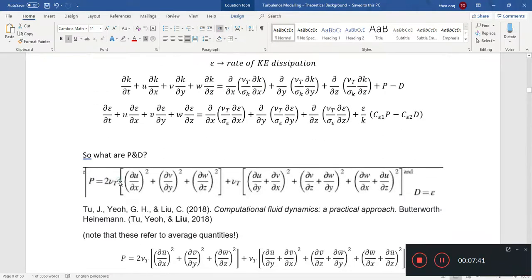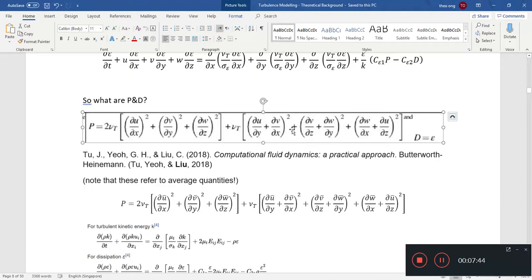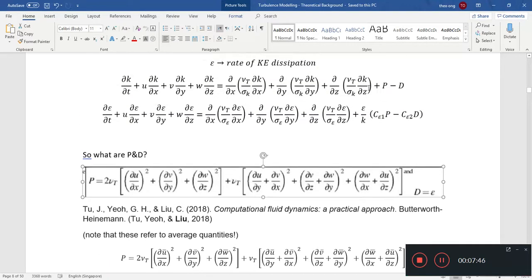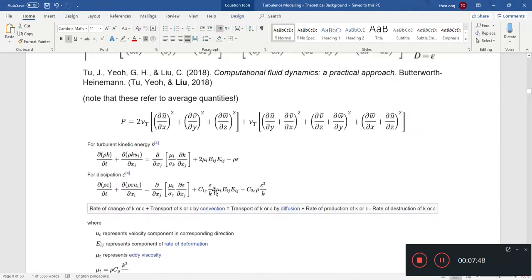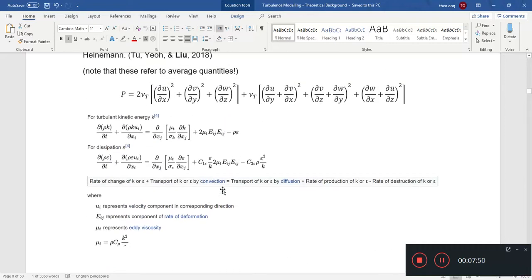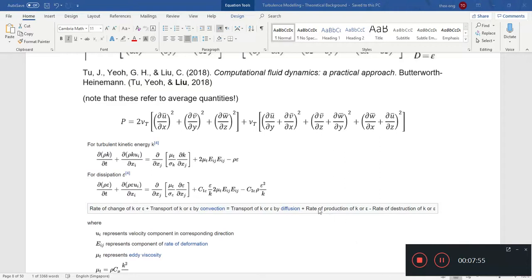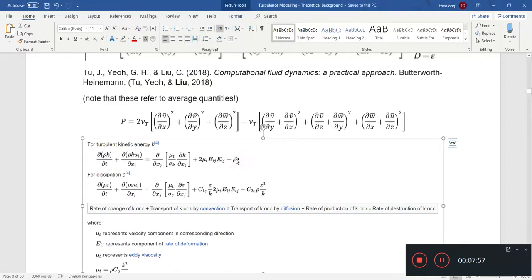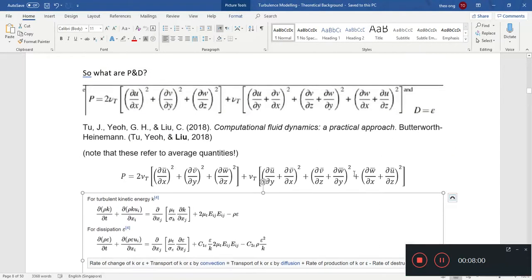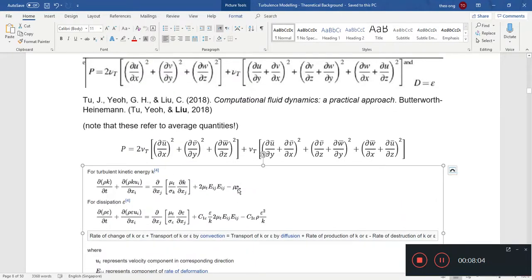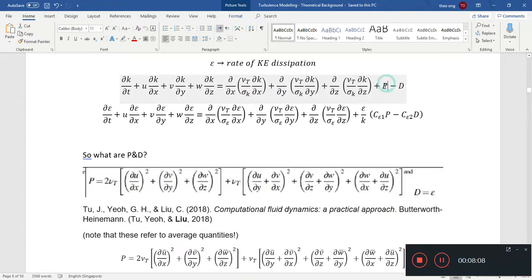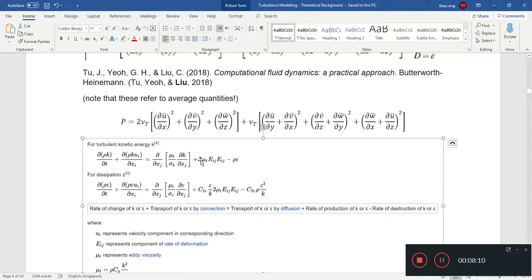So this is the production rate, this P term, and the D term is rho times epsilon here. The P term here is actually this 2 mu E_ij thing.